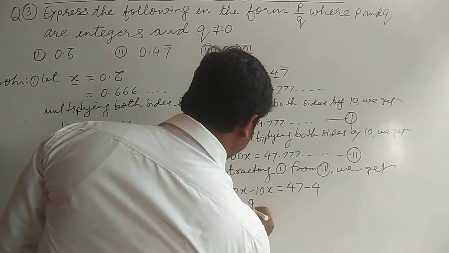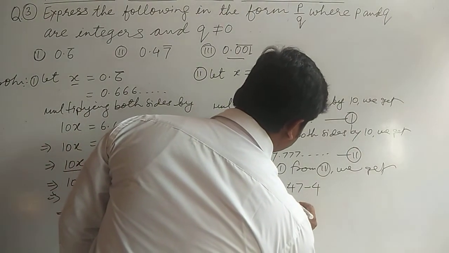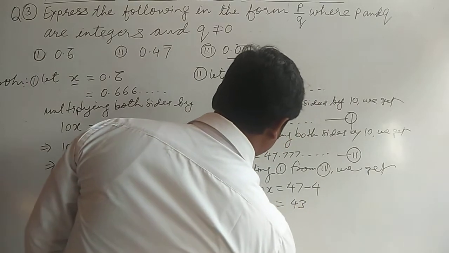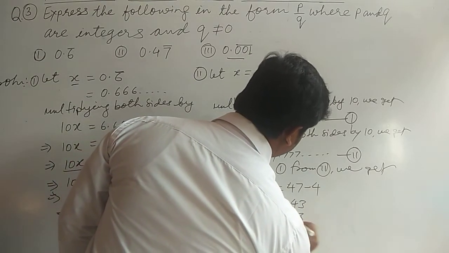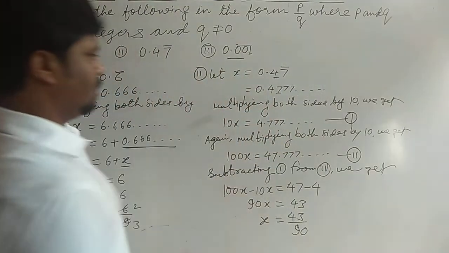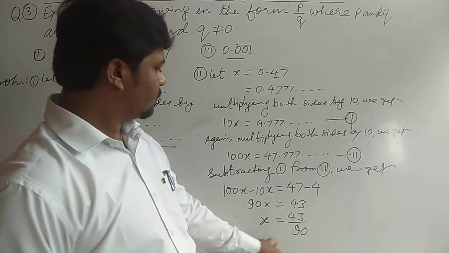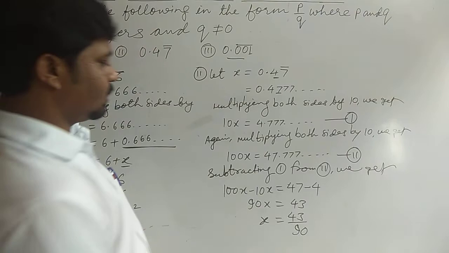Then 90x equal to 43, x equal to 43 upon 90. So this is the answer in the form p by q.